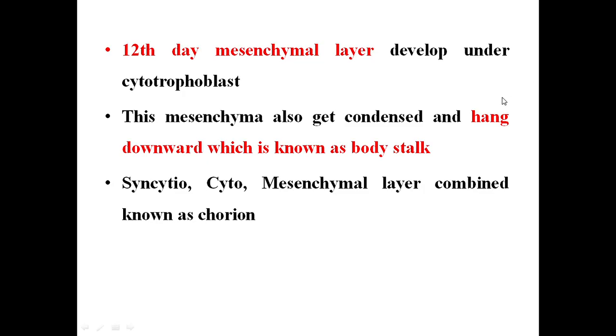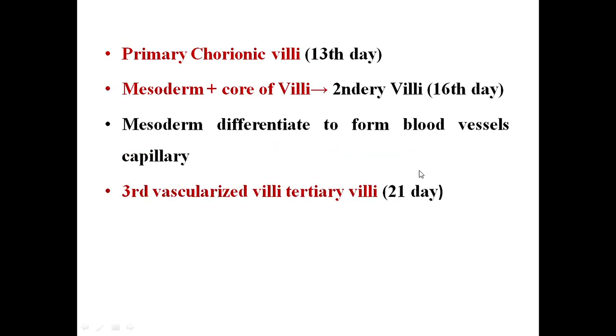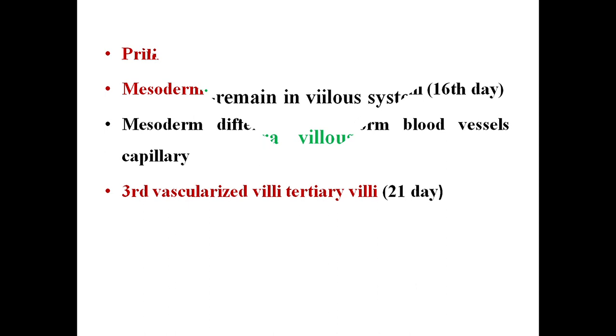Next, the primary chorionic villi develop on the 13th day, and mesoderm enters the core of the villi, which develops on the 16th day. The mesoderm differentiates to form blood vessels and capillaries, and the third, vascularized villi, the tertiary villi, develop on the 21st day.